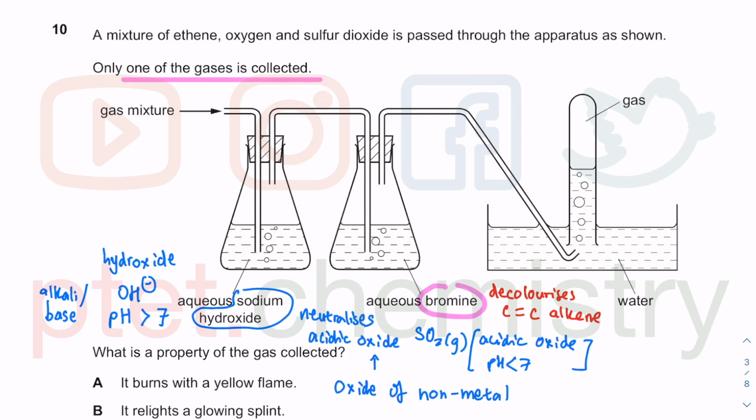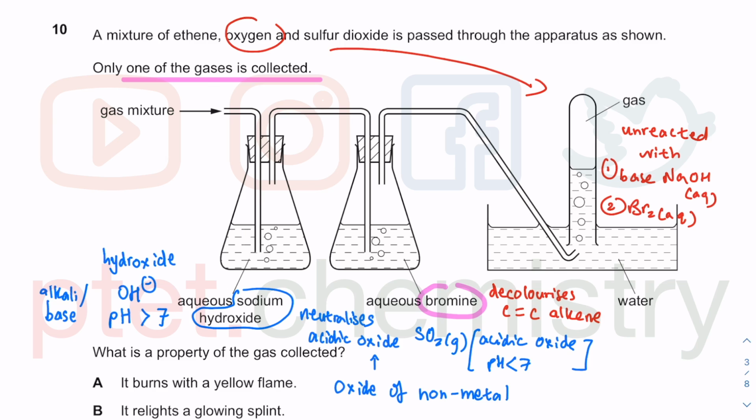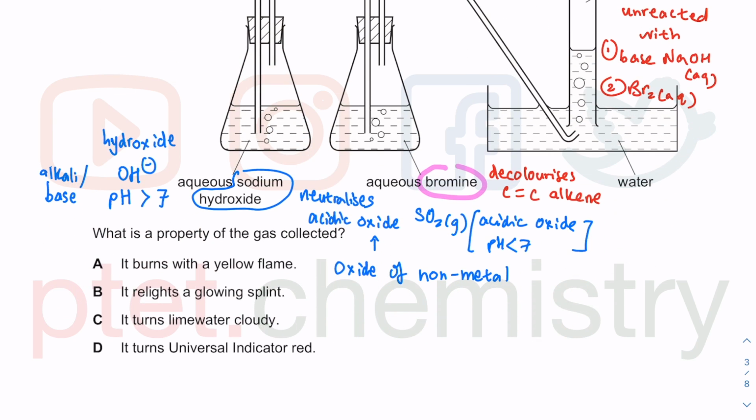It will react with the carbon-carbon double bond, which means oxygen is the only one out of the 3 gases which is not reacted. It is unreacted with the base, NaOH, sodium hydroxide, and unreacted with bromine, aqueous, because it exists as a diatomic molecule dissolved in water, a mixture, and it doesn't get decolorized. So really we are looking at oxygen as the only gas which is not reactive with these 2 particular substances.